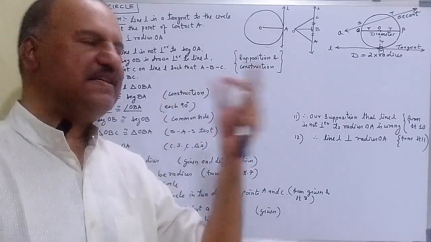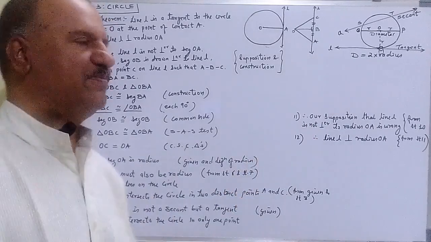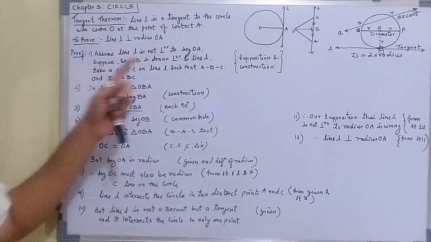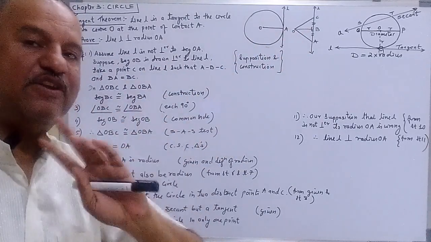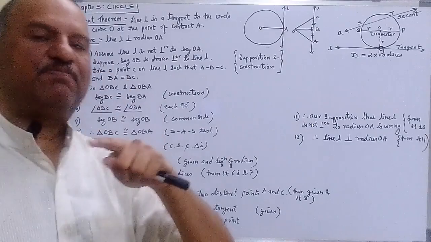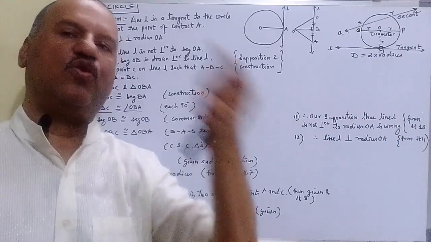तो समझने के लिए, to understand, हमने ये यहां फिगर ऐसे ड्रॉ किया. ये कंस्ट्रक्शन आपका. सो सपोज सेग OB, हमने क्या कहा है? OA perpendicular. Line L is not perpendicular to OA. सो हम सपोज करते हैं line L is perpendicular to OB.